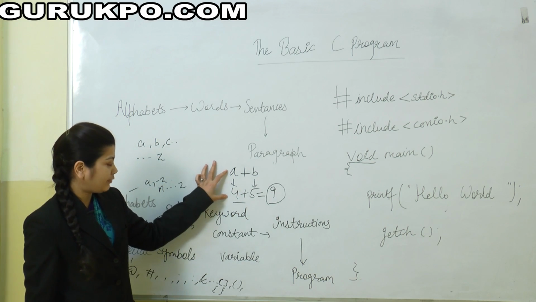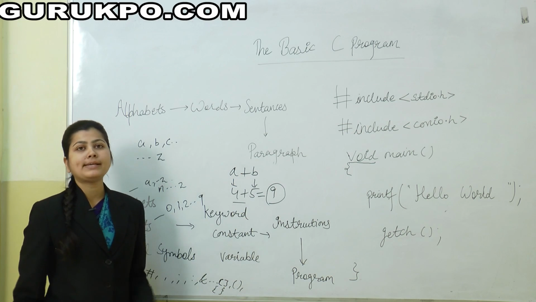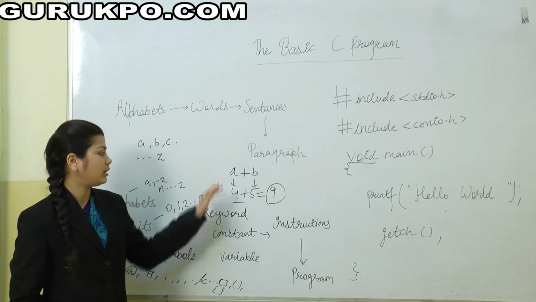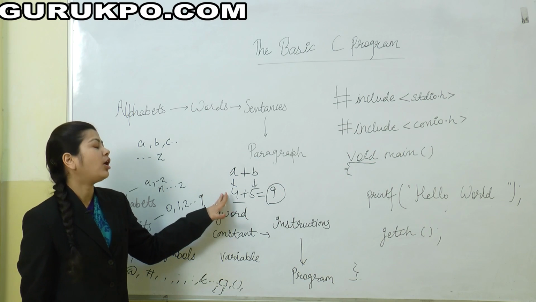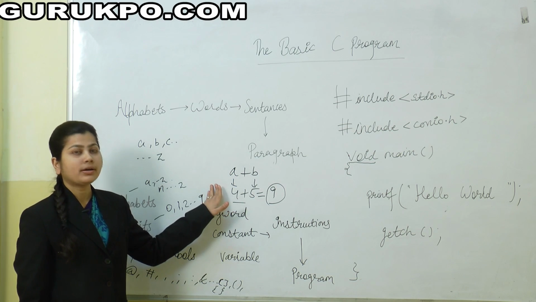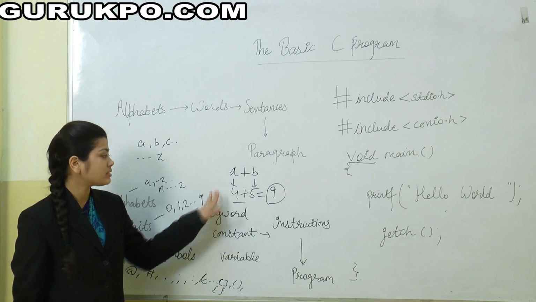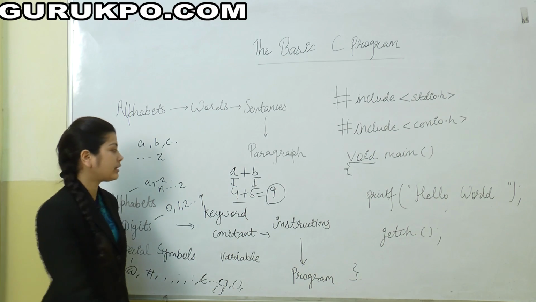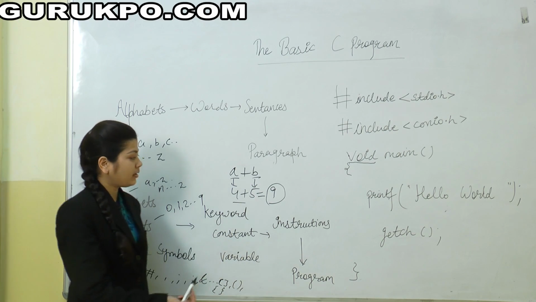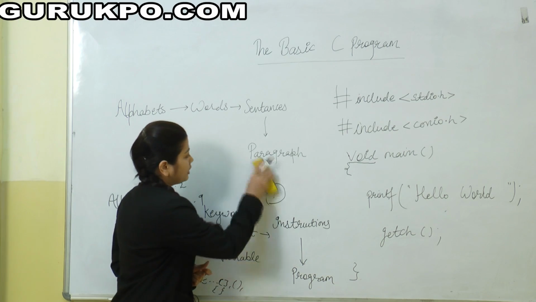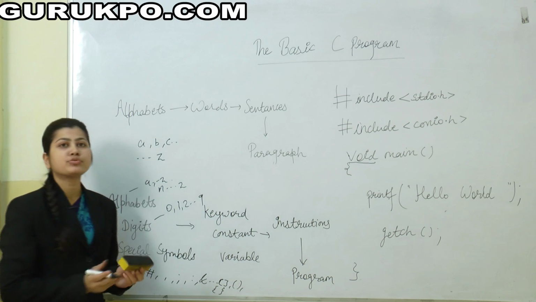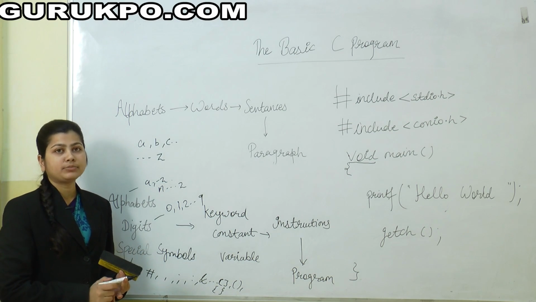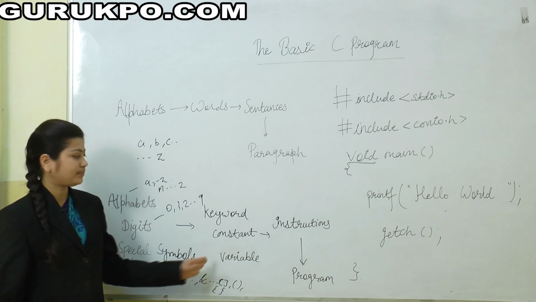The value of A is 4 and the value of B is 5. These values of A and B are stored permanently, so A and B are called constants because their values are constant. But if we take the input from the user in our program, then the values are called variables.